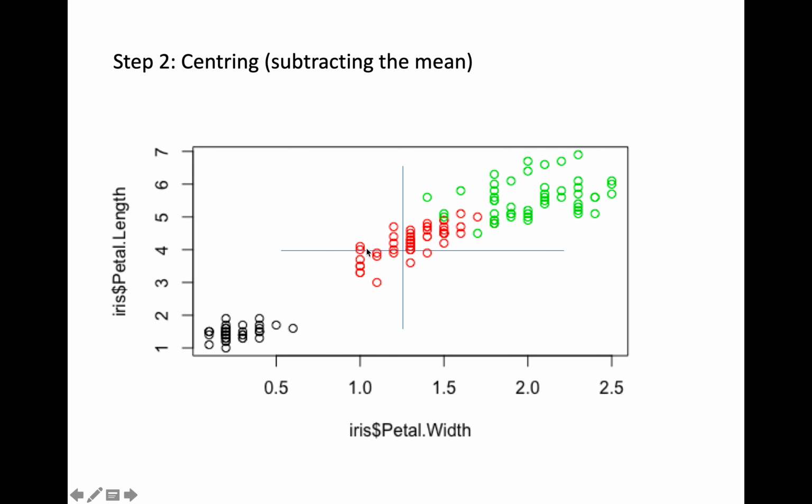So instead of having things going from 1 to 7, I don't want my axis to be down there. I'm going to move everything to the center. Okay, so I'm going to subtract the mean. And now I have the mean value as my 0, 0. And I take everything, remember, like we did with anomalies. So now I've moved the center of my coordinate system to the mean of the data.